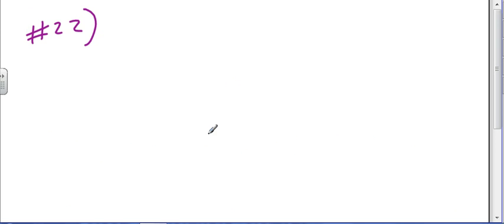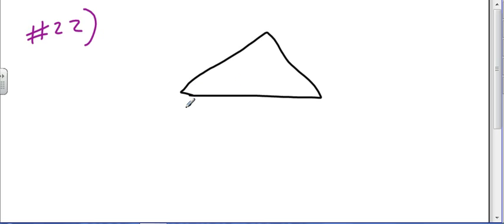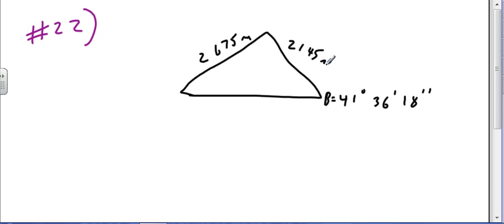All right, so we got this triangle, and we got 41, 36, 18 right there. We're going to call it B, even though it doesn't call it B in the problem, we're still going to call it B. And this 2675, and over here we have 2145.